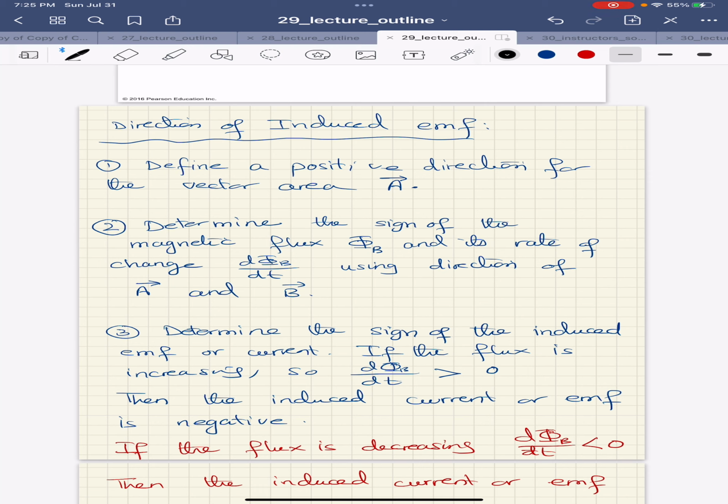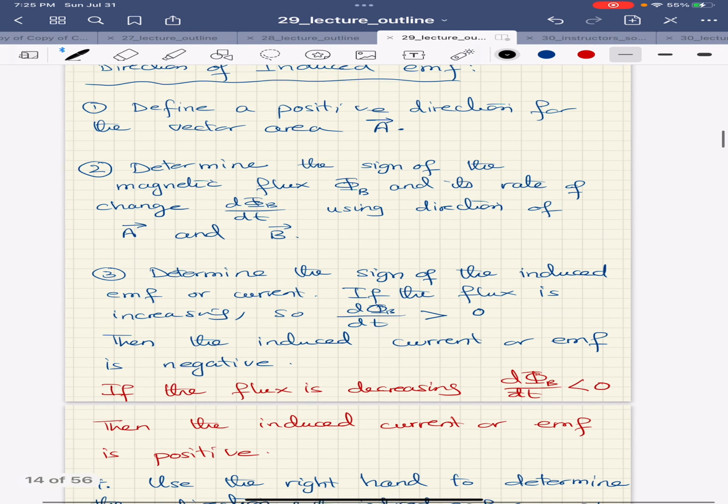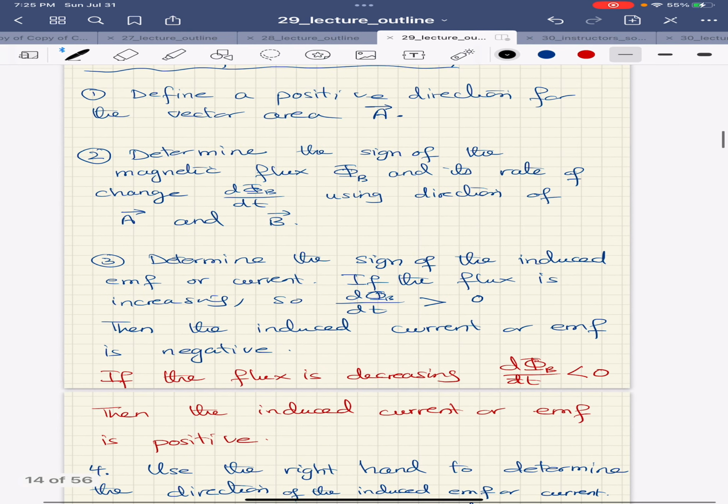If the flux is increasing, so d theta B over delta t is greater than 0, then the induced EMF is going to be negative. If the flux is decreasing, then d theta B over delta t is less than 0, and the induced current or EMF is going to be positive.